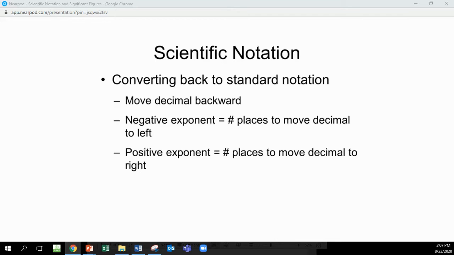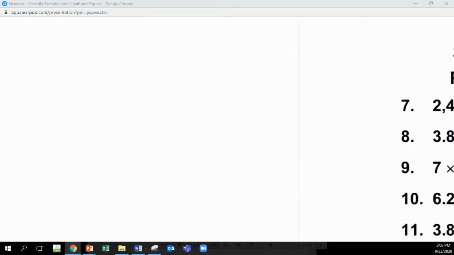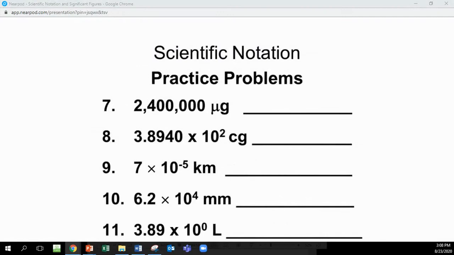Remember, a negative exponent means smaller than 1. So if your exponent is negative, you are going to move to the left to make your number smaller. If your exponent is positive, you are going to move the decimal to the right that many spots to make that number bigger. Okay, so we're going to practice these right now on the document camera.